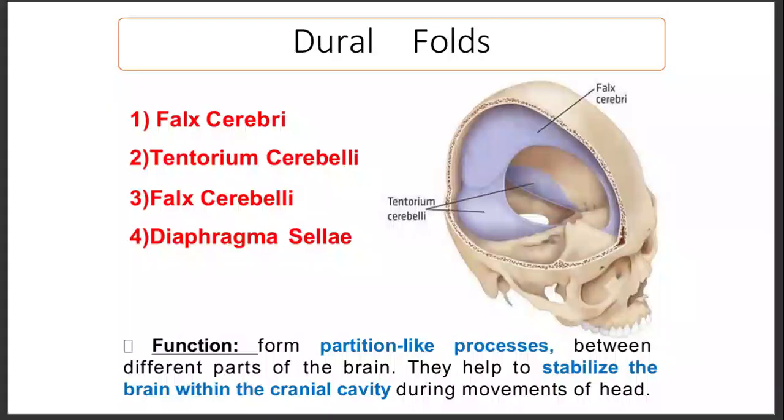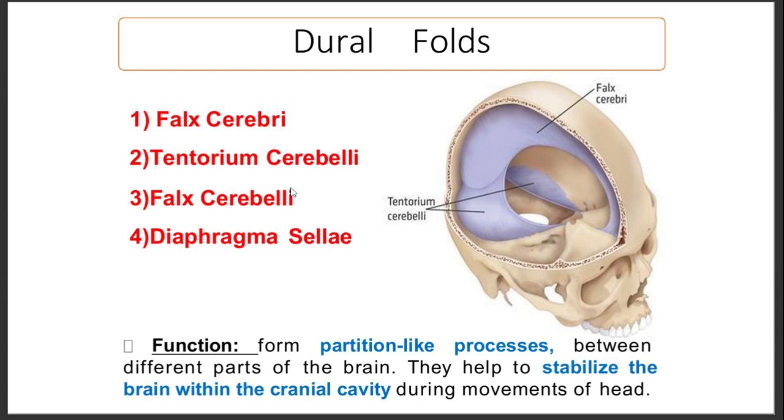We'll talk about that. So the dural folds, you have got the first one, the falx cerebri. Actually, falx cerebri, it ends with R. This falx cerebri divides the brain into the left hemisphere and the right hemisphere. And then you also have the falx cerebelli. It is different from falx cerebri.